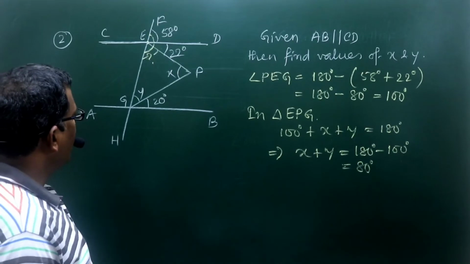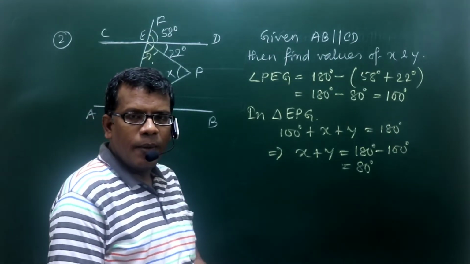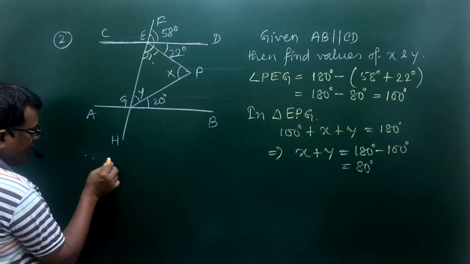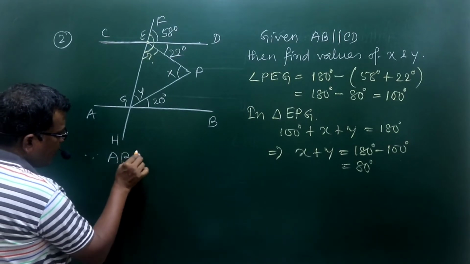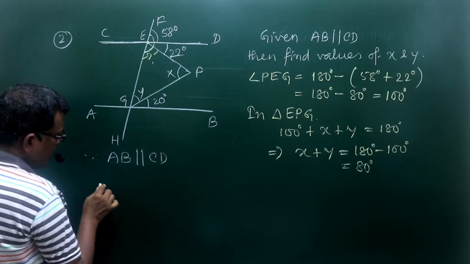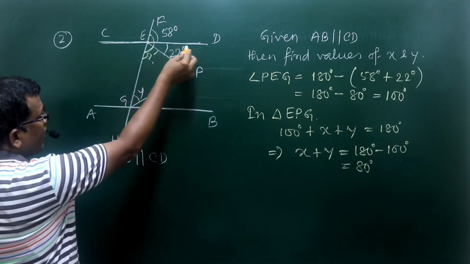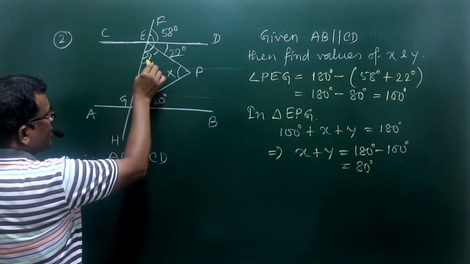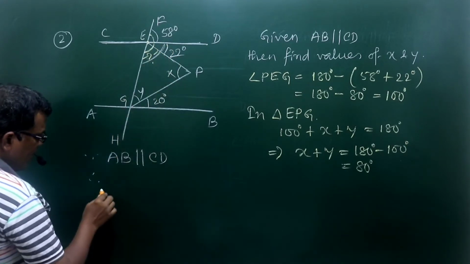Now again, being AB and CD, I can further write down AB parallel CD. So therefore, angle DEG, that means this particular one, right?